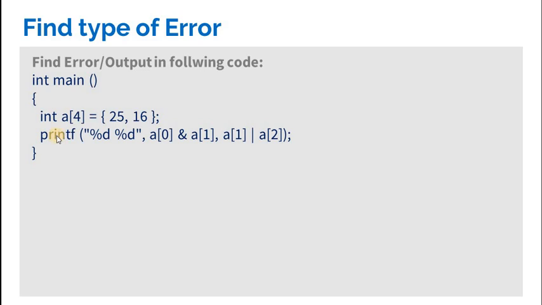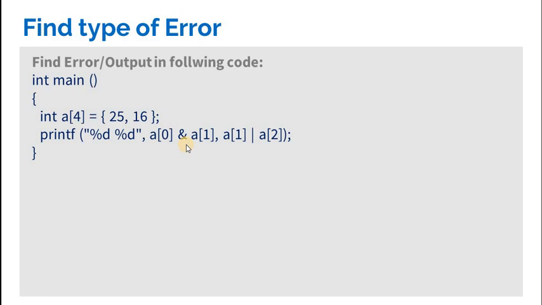Now just see in the printf statement there are two output formats, %d and %d, but just see this, it is the logical AND operator, and this is the logical OR operator. If you don't know how it works, then you lose the mark of this MCQ.